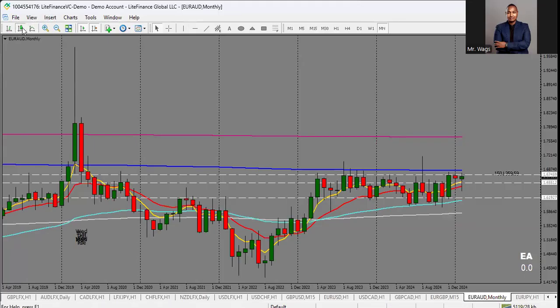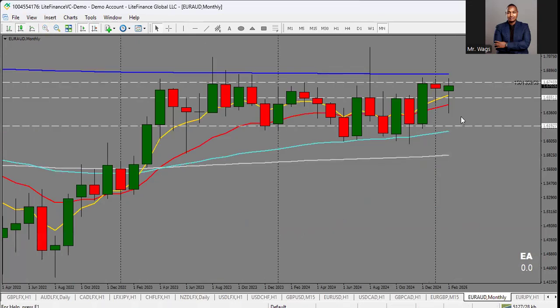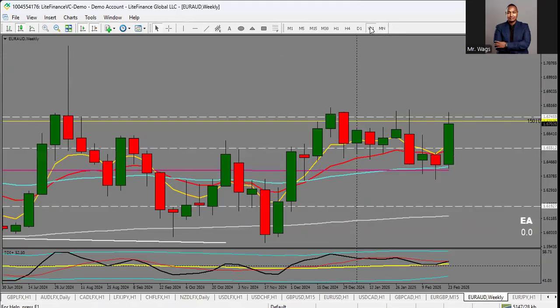The last month candle has closed here as a hammer. And you can see we have like an area of support here. We can expect for price to go up.